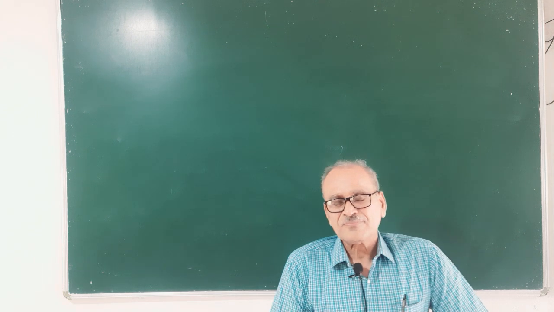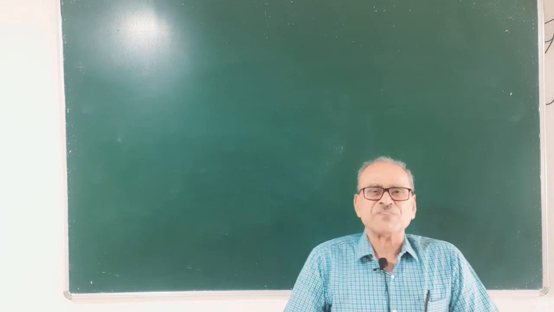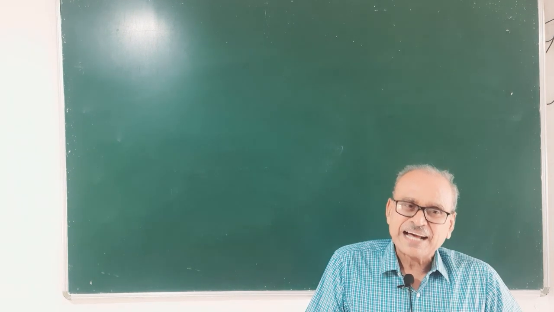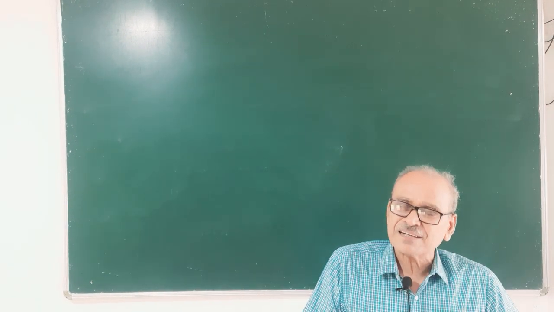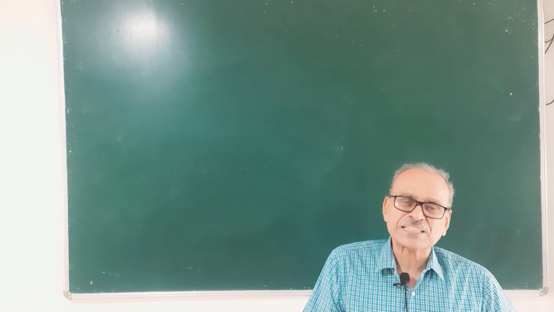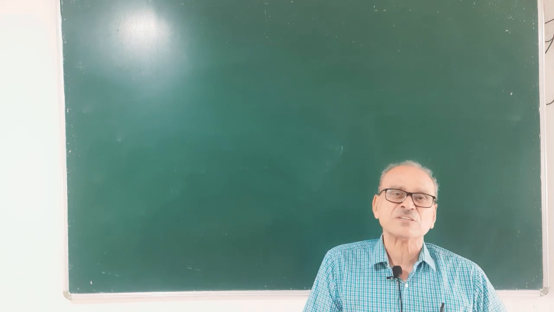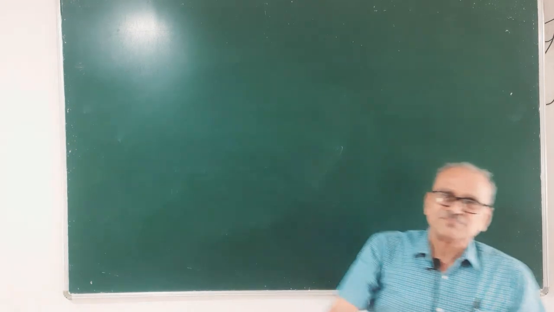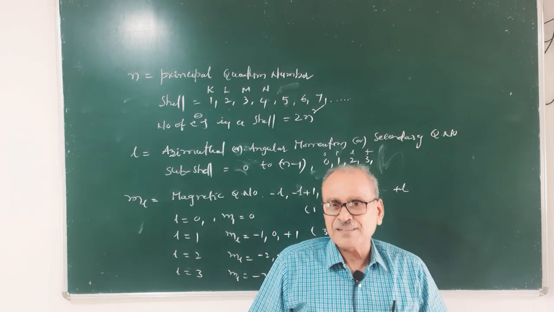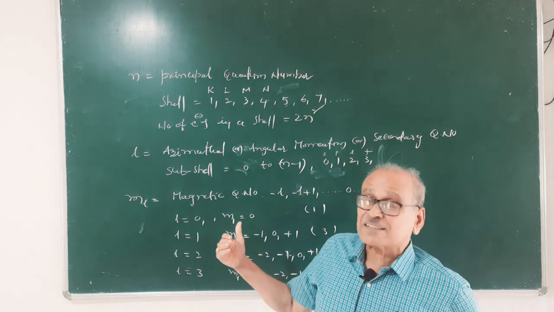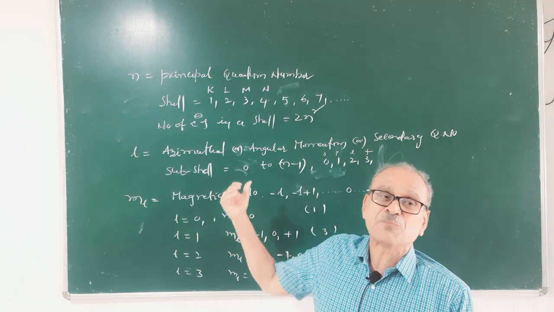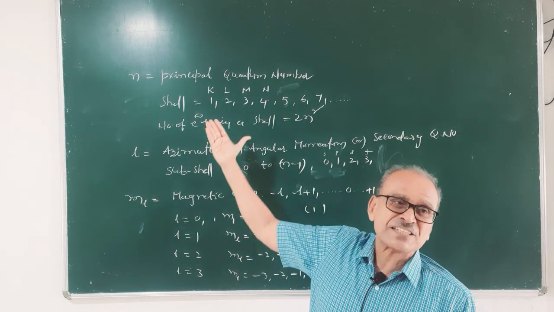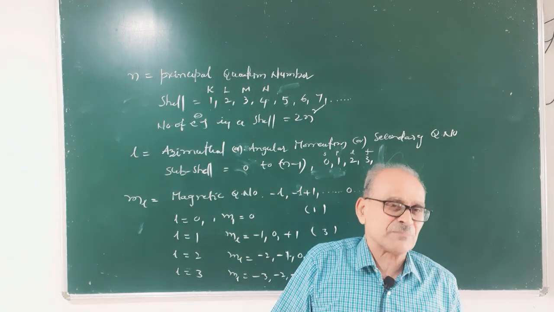Now, let me go a bit further. We get a set of 4 quantum numbers. I represent these quantum numbers on the board, and then we can explain the significance of each quantum number one by one. I represented the set of quantum numbers on the board: n, l, ml. Let us first discuss these 3 quantum numbers.